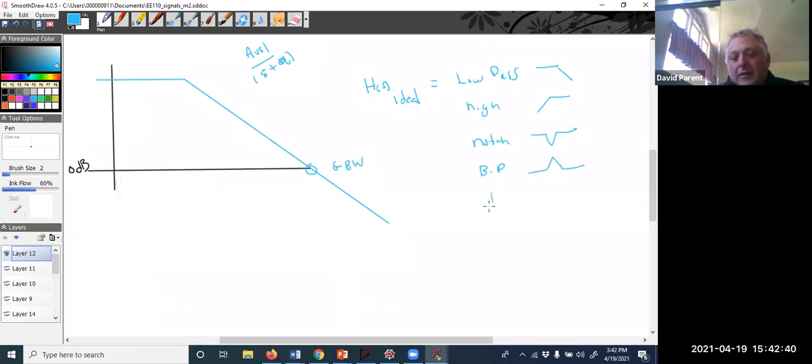Maybe it's an integrator. All of these transfer functions have a magnitude. And for your circuit to work properly, the magnitude of the transfer function just has to be below that, right?